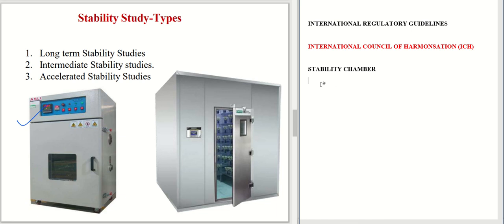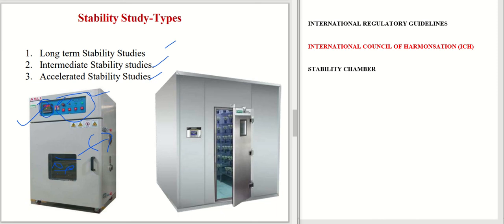This is such a beautiful thing where we can simulate the temperature and humidity conditions. Here we are able to see a monitor, and these are the controls for the temperature and humidity. When we open this chamber, we'll see different rows over which we can place our containers and set the temperature and the humidity values. Close the chamber for a few days based on the study time.